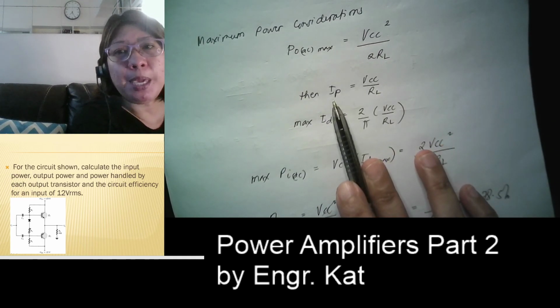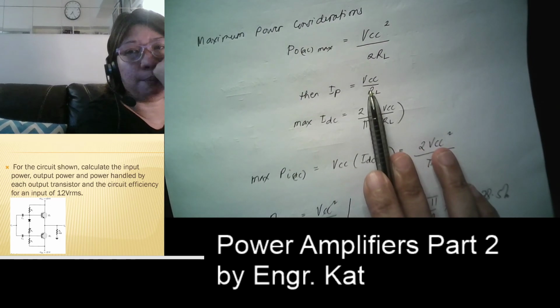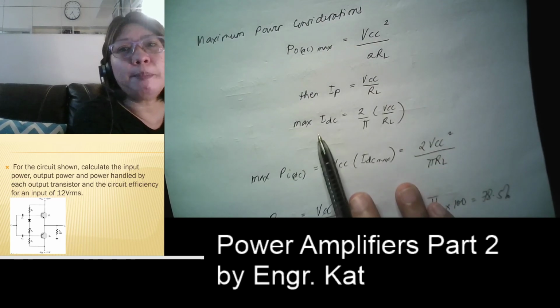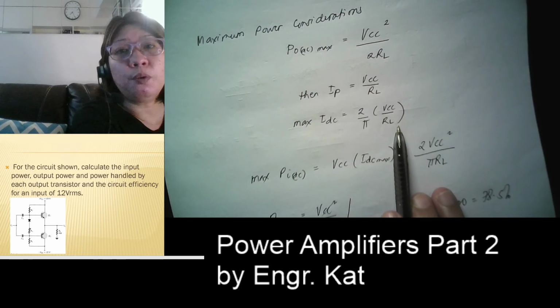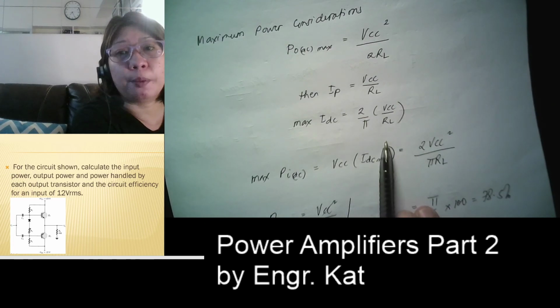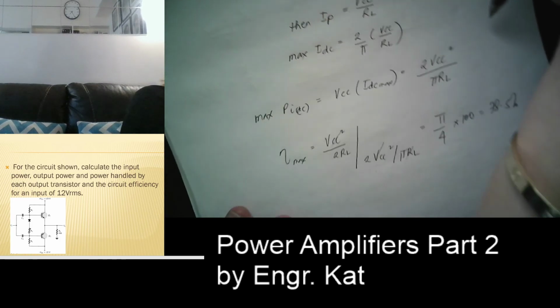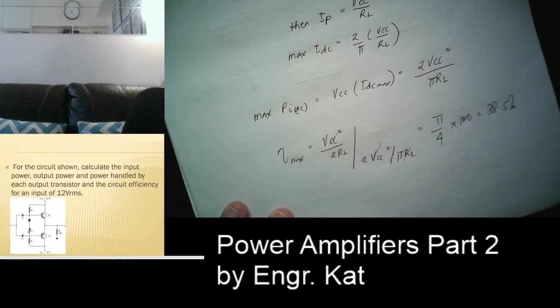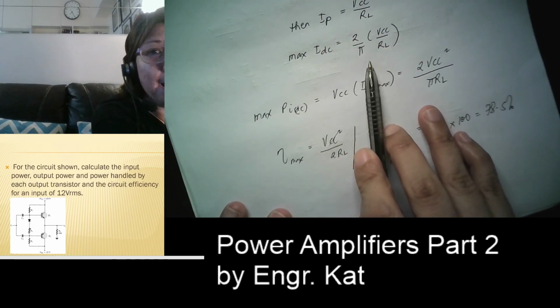Then your peak current now is equivalent to VCC divided by RL. So the maximum IDC is 2 VCC all over RL times 2 all over pi. So your maximum IDC now is equivalent to 2 over pi.